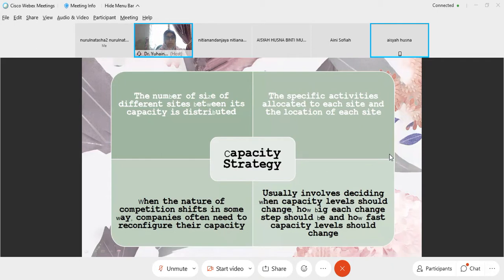All these decisions are related. When the nature of competition shifts in some way, companies often need to reconfigure their capacity. This usually involves deciding when capacity levels should change, how big each change step should be, and how fast capacity levels should change.